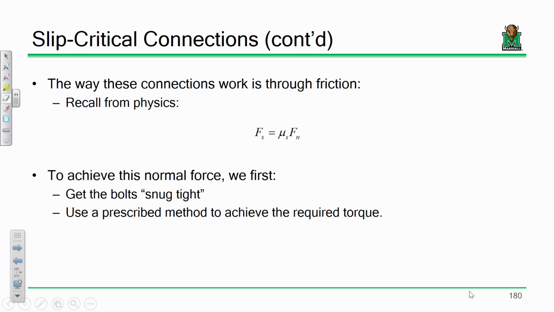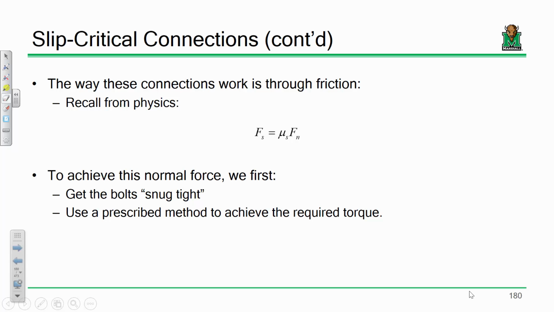Now, where does the math come from? How do we determine the capacity of a bolt according to a slip critical connection? It's right here. This is from basic physics. Everybody should remember this from Physics 211, or from statics, wherever you saw it first, because I would be almost shocked if you didn't see it in both courses.